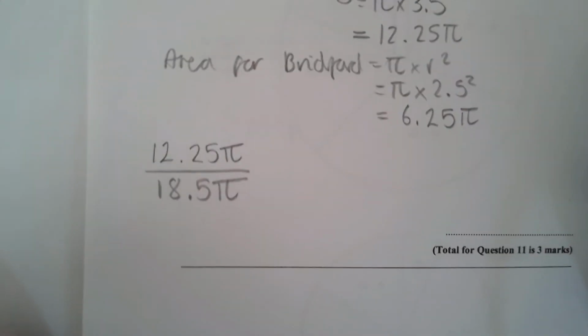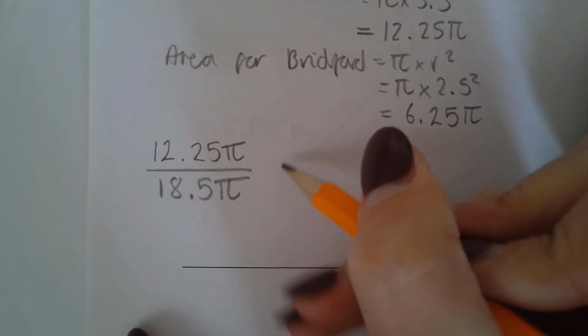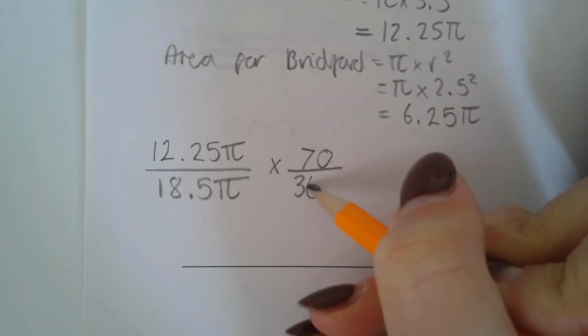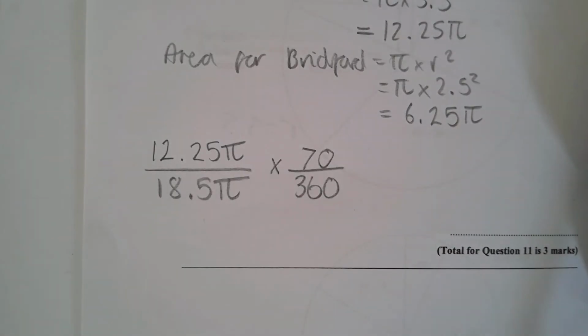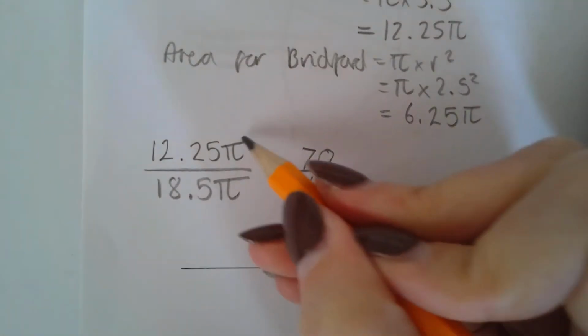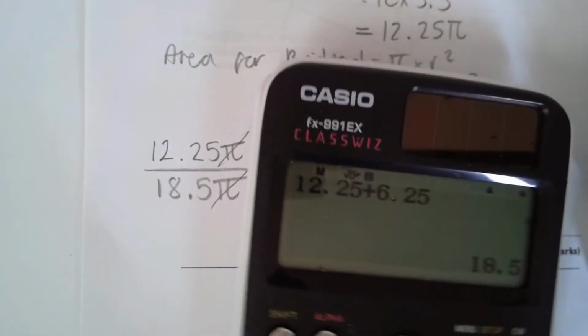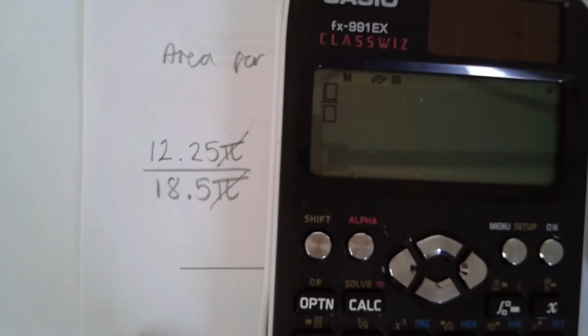Perfect. So you're going to multiply by 70 degrees out of 360 degrees. Okay, my pi's cancel out. You don't lose marks if you don't do that, but it's just to notice.